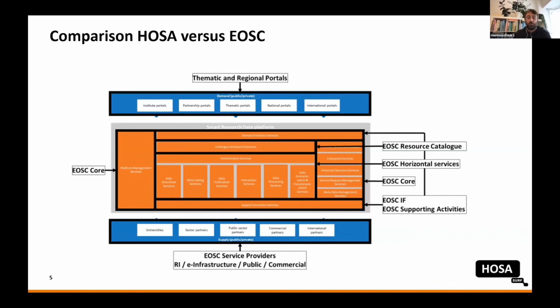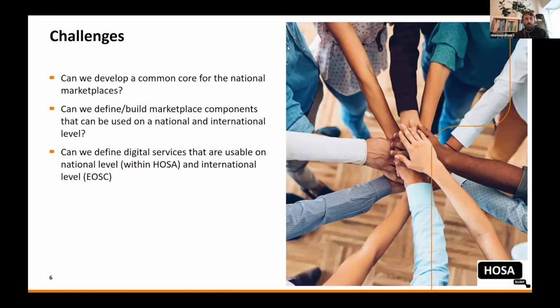If you go to the next one, and if you want to make some next steps, then we have several challenges. For example, can we develop a common core for the national marketplaces for research and education as well, like EOSC did on the international level for research? Can we define or build marketplace components that can be used on a national, but maybe also on an international level, so that parts which we use on a national level might be used in EOSC or in the international European education initiative?